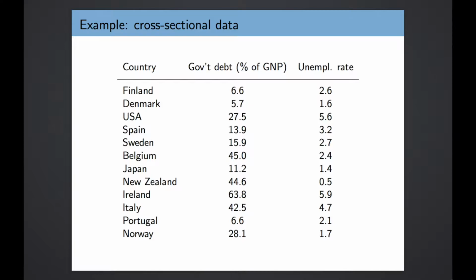So this is a cross-section because we're comparing across these units that we're studying, in this case, countries, and we're collecting data on each of those countries at a particular moment in time. So in Finland, government debt is 6.6% of GNP and the unemployment rate is 2.6%. So this is what cross-sectional data looks like. We have all of our units and then we have data on our variables for each of those units.